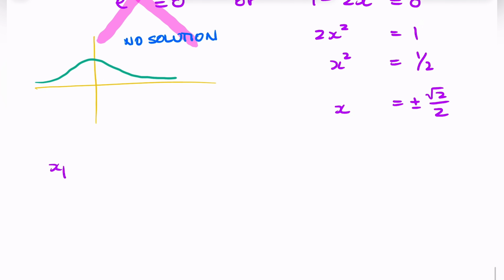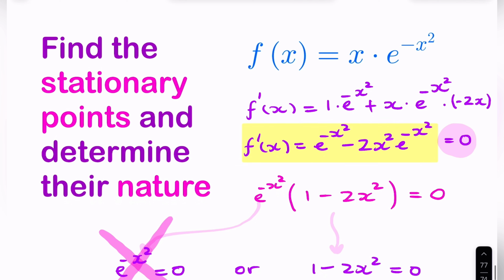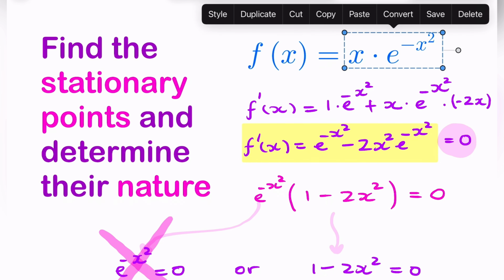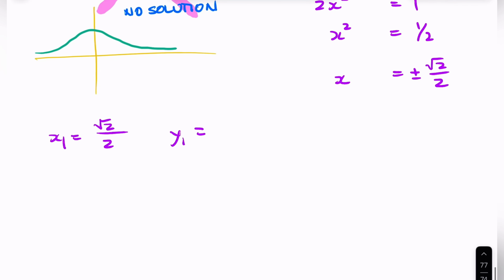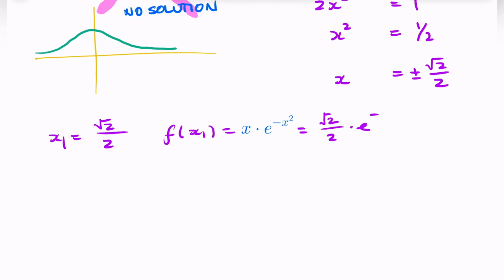So I'm going to say if x1 is root 2 over 2, then y1 equals, and we simply apply the formula. So this is the expression we have for f of x. I'll just write it as f of x1 and you simply substitute. So it'll be root 2 over 2 times e to the minus half.